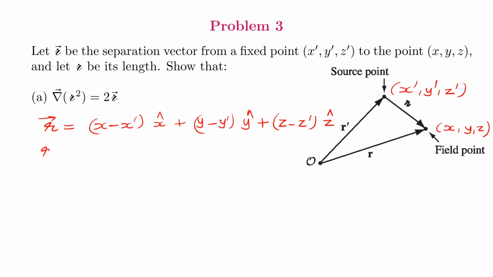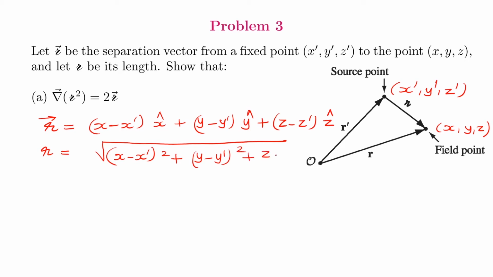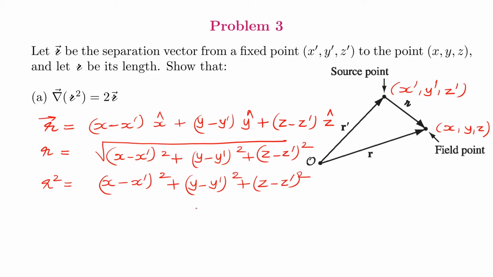And the magnitude of r is equal to the square root of (x minus x') the whole squared plus (y minus y') the whole squared plus (z minus z') the whole squared. And r squared will be equal to (x minus x') the whole squared plus (y minus y') the whole squared plus (z minus z') the whole squared.